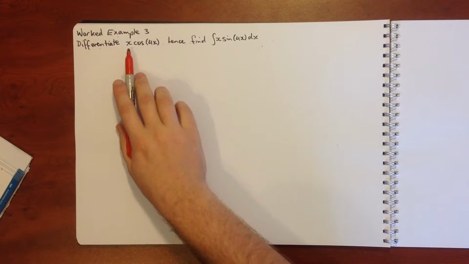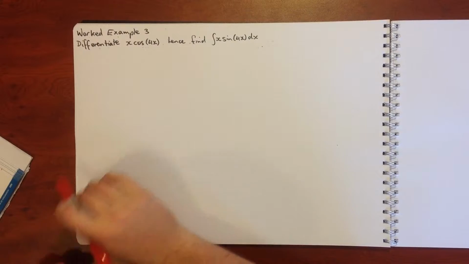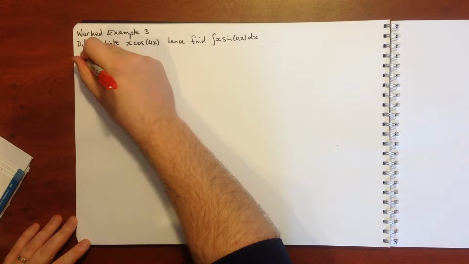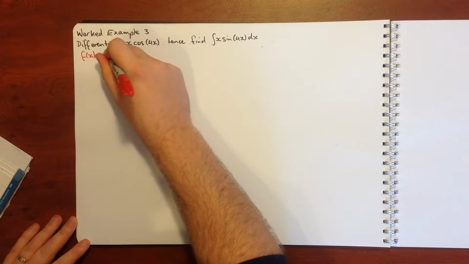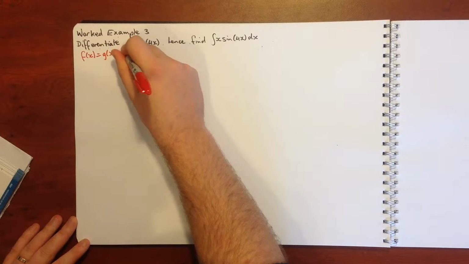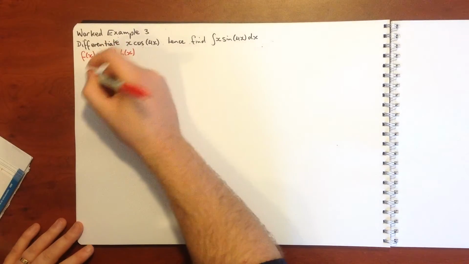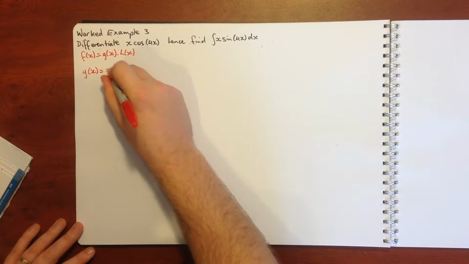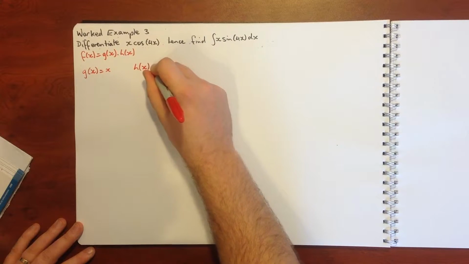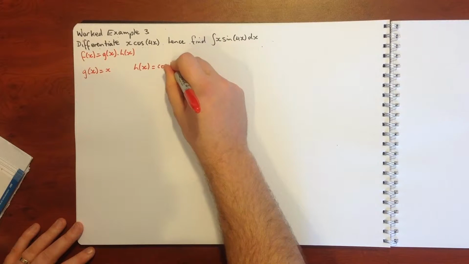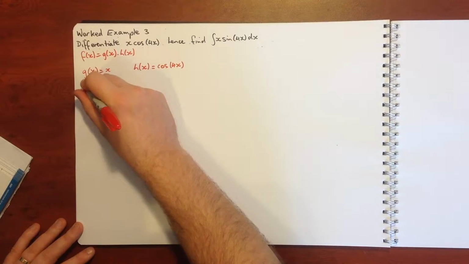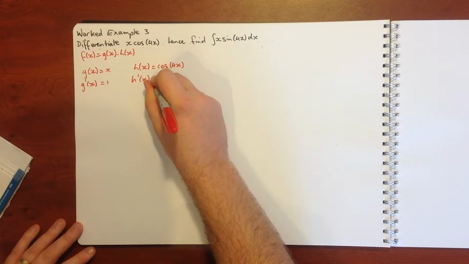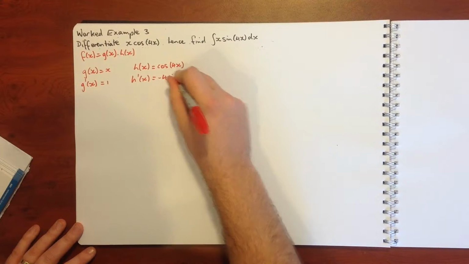Because we've got two functions multiplied together, we use the product rule. f(x) equals g(x) times h(x). g(x) is x, h(x) is cos of 4x. So g dash of x is 1, and h dash of x is minus 4 sine of 4x.